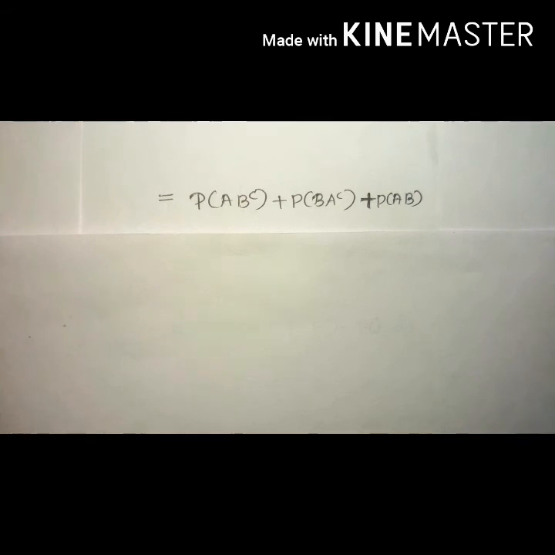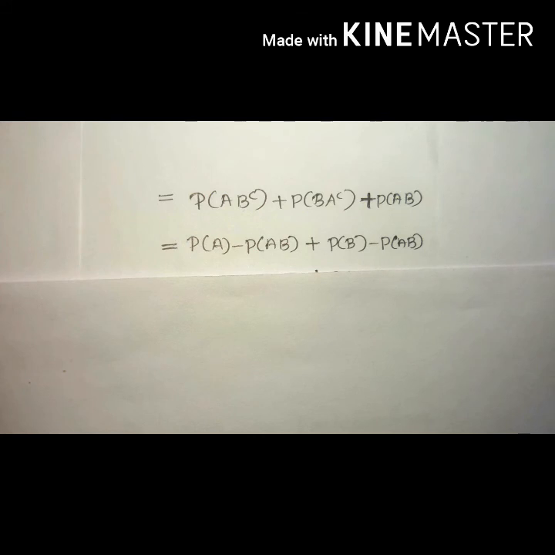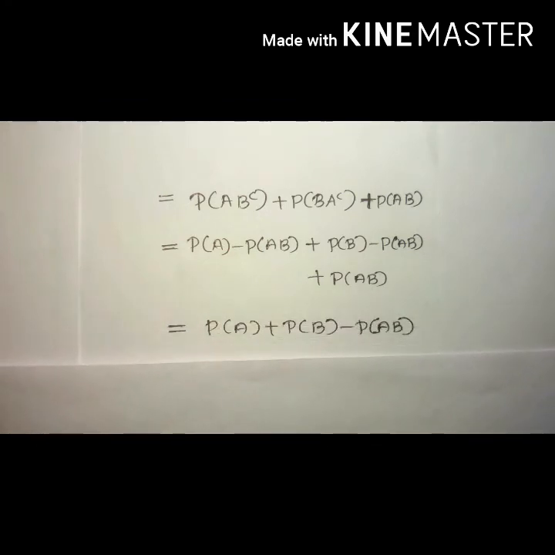And by using the above, P(AB complement) is P(A) minus P(AB), and P(BA complement) is P(B) minus P(AB), plus P(AB). That is P(A) minus P(AB) plus P(B) minus P(AB) plus P(AB). Cancelling the terms, finally we get P(A) plus P(B) minus P(AB). And that's the result.